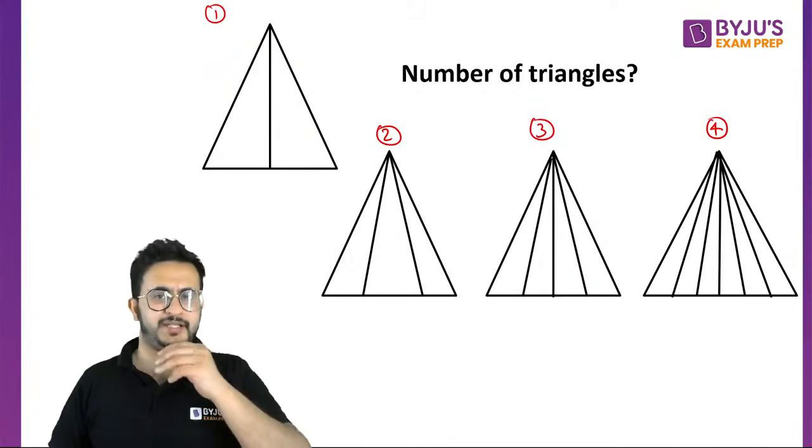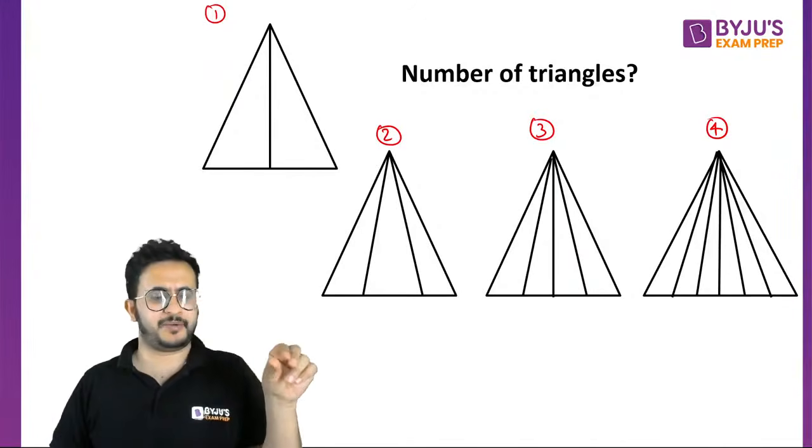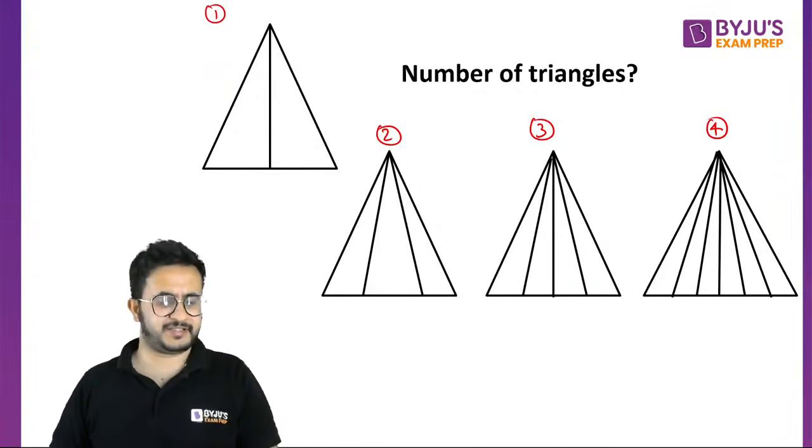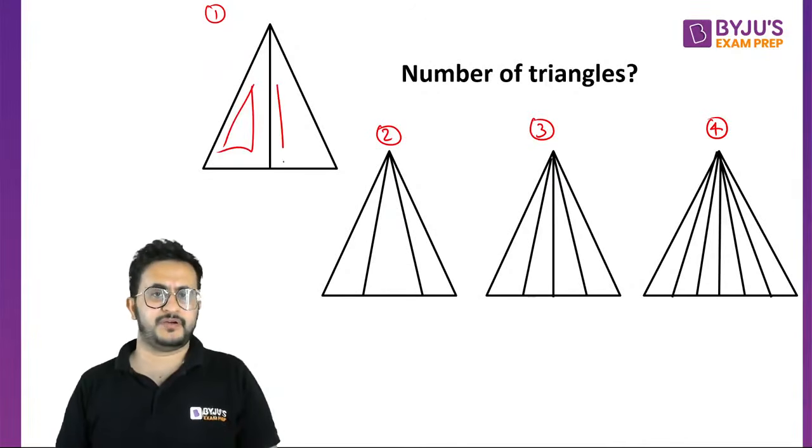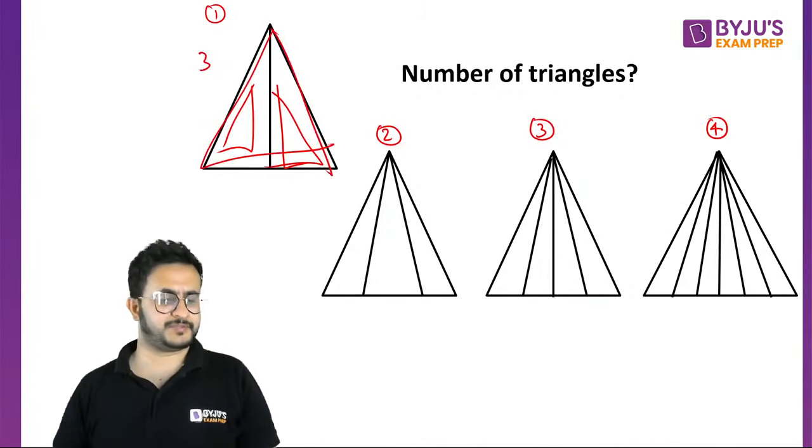At times you see the names of triangles given, where they mark the points A, B, C, D, E, F, G, and then say that these are the triangles. So if you see, this is one triangle on the left hand side, one triangle on the right hand side, and one combined triangle. So there are three triangles.